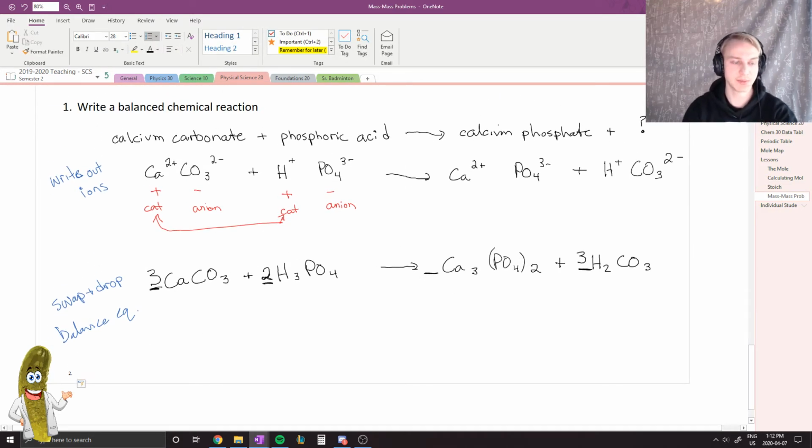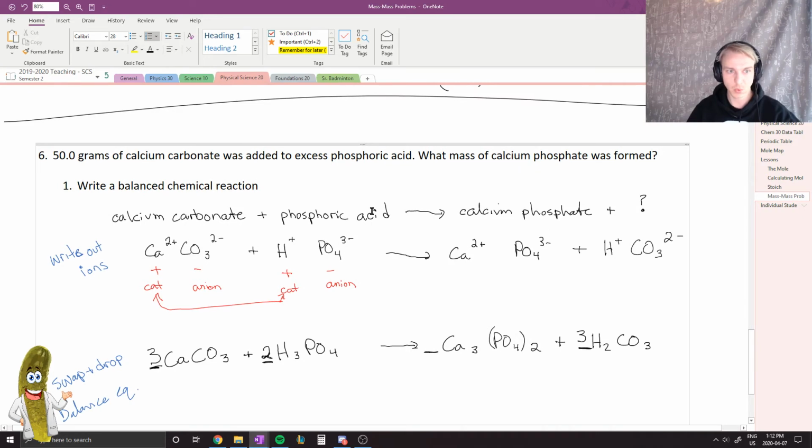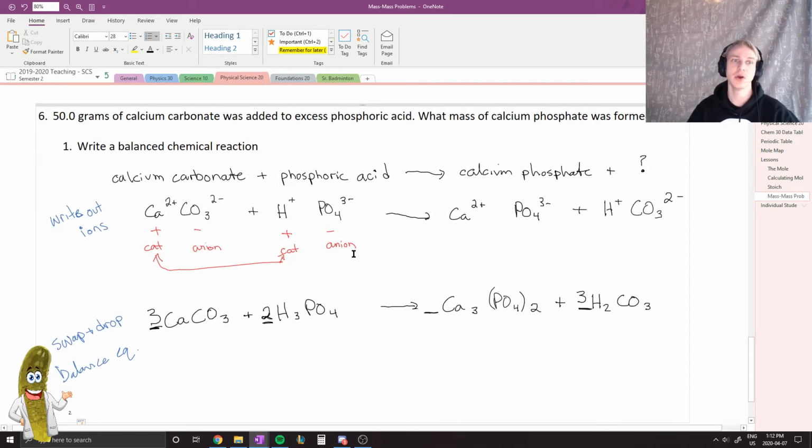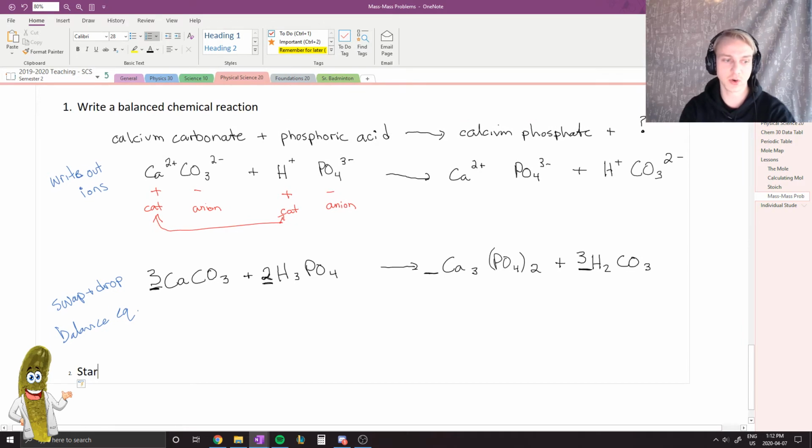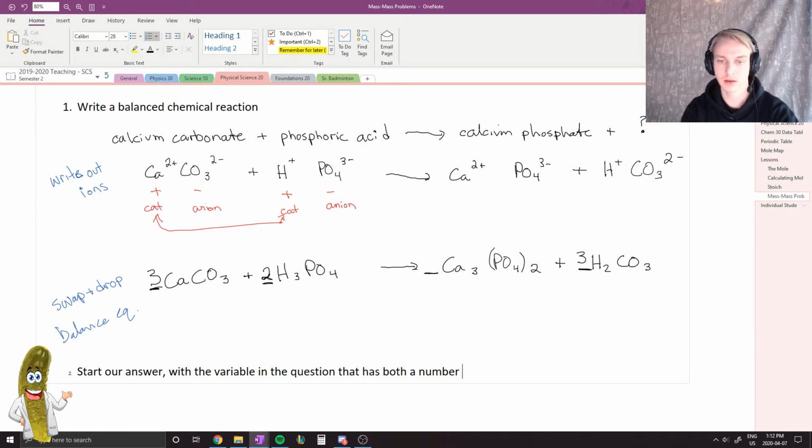Okay. So step number 2, once we've written out a balanced chemical equation, is to start our answer with a variable in the question that has both a number and a unit.